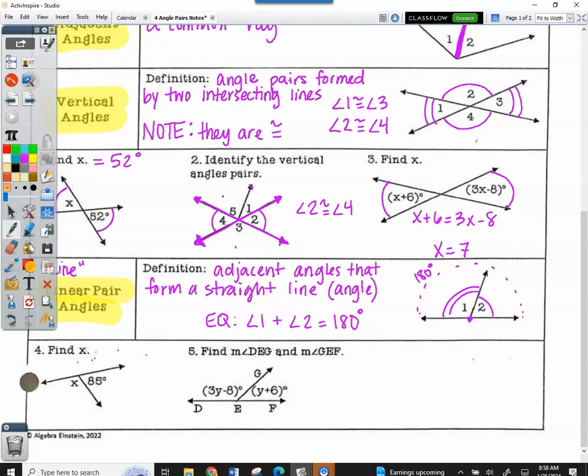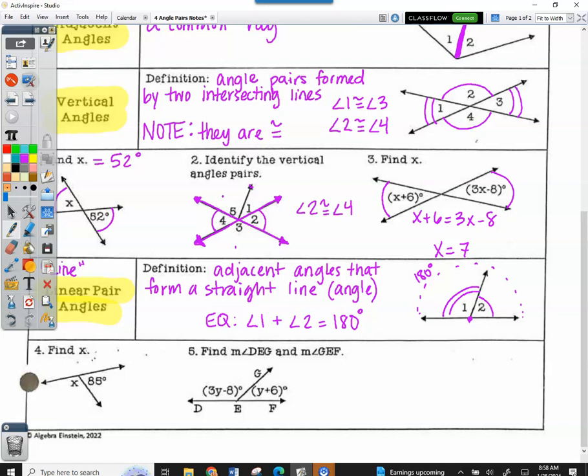Number 4 is the shallow end of the pool. Look at the picture. It says find x. Did you get 95? Yes? Let me show you 2 ways to do it.